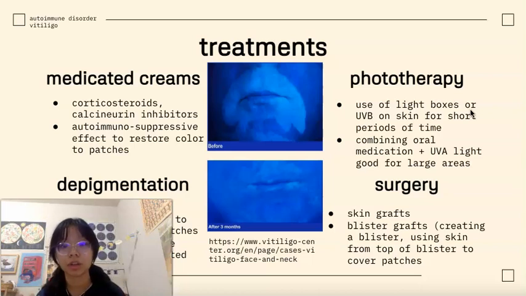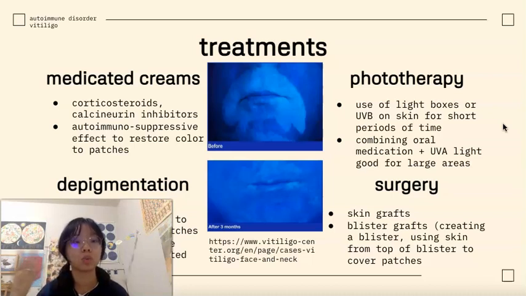Phototherapy is the use of light boxes or UVB on skin for a short amount of time, also to even out your skin color. Depigmentation, as stated before, is the removal of your natural skin color to match the white patches generated by vitiligo. And a tool of depigmentation is monobenzone, which can be applied to the patches of regular skin tone to get it to match the white patches.